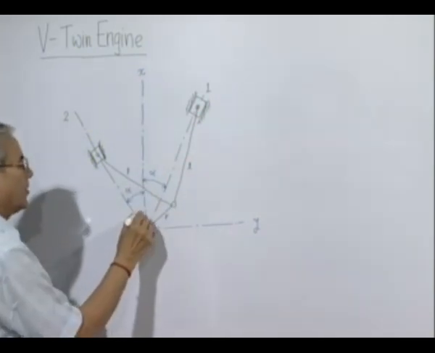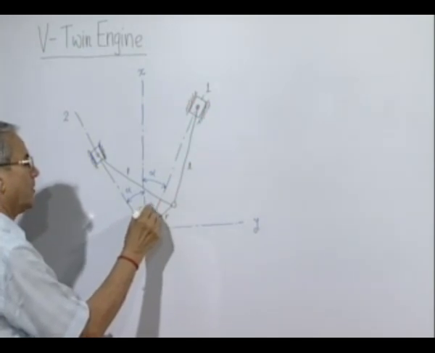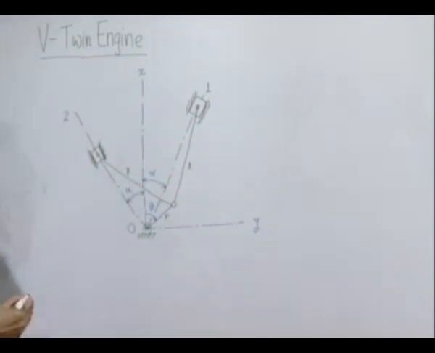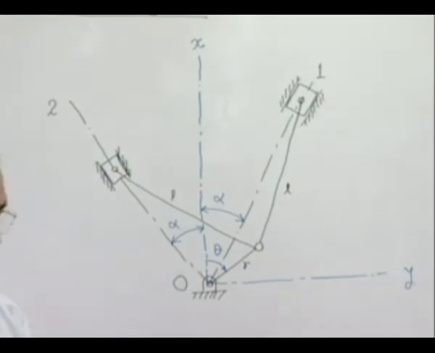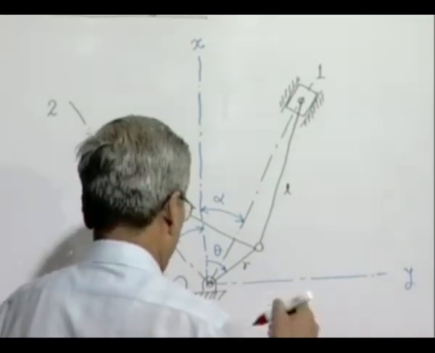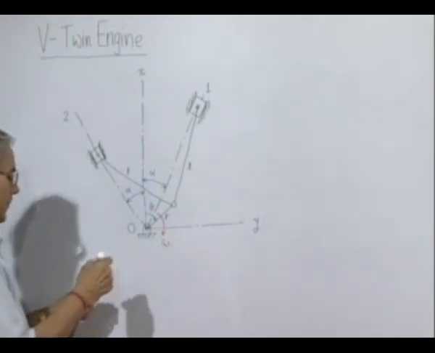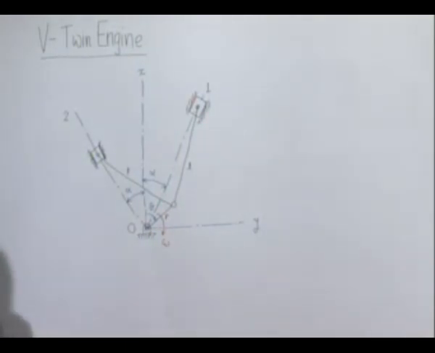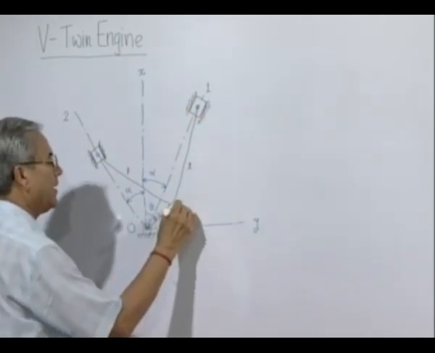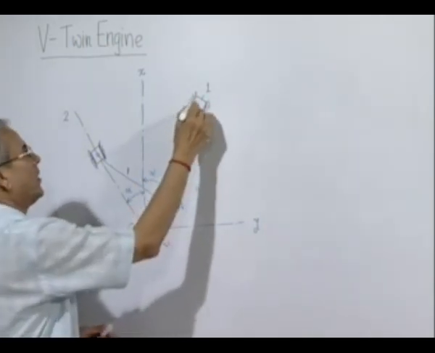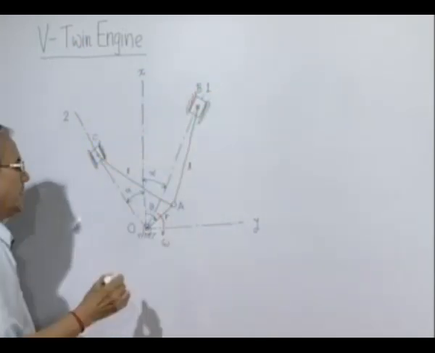And we call the angle made by the crank, common crank, with this x axis or the engine center line theta, and it is rotating at a speed omega. The common crank pin is say A, and this one we can call B, and this point we can call C.